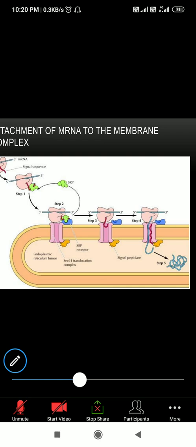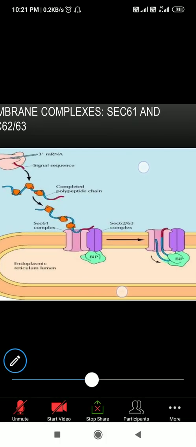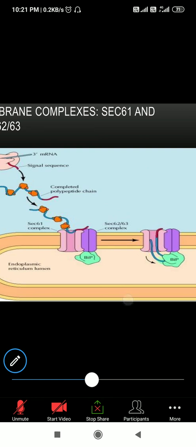This protein complex is called the Sec62 and Sec63 complex, which is associated with the Sec61 complex of the endoplasmic reticulum. Here you can see that we have two channels together, the Sec61 complex and the Sec62 and Sec63 complex.